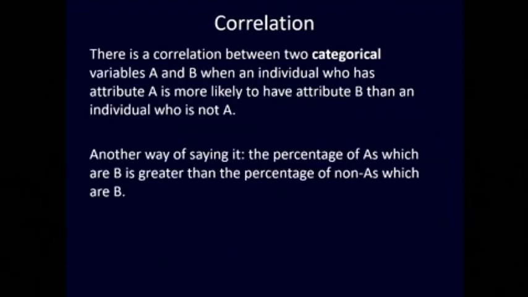In general, there's an association between two categorical variables, A and B, when an individual who has attribute A is, on average, more likely to have attribute B than an individual who doesn't have A. So, more likely to own an iPad if you're a Buddhist than if you're not a Buddhist.